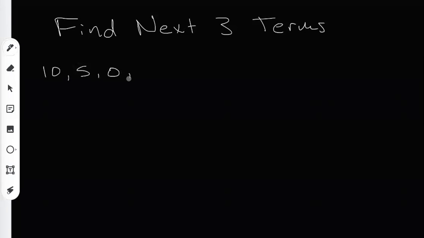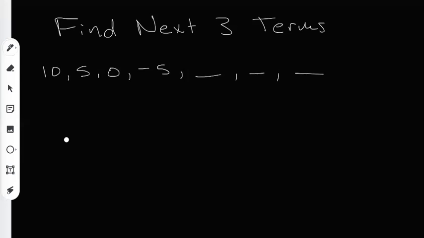The first question is what I like to call find the next 3 terms. Okay. Let's say I got 10, 5, 0, -5, blank, blank, blank.